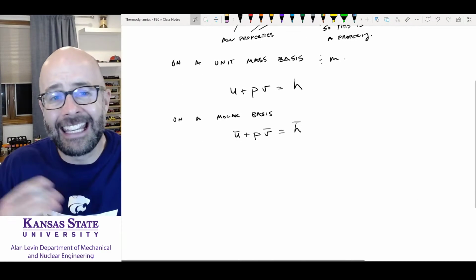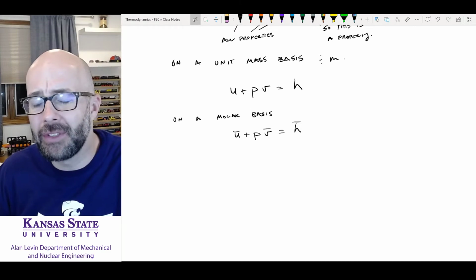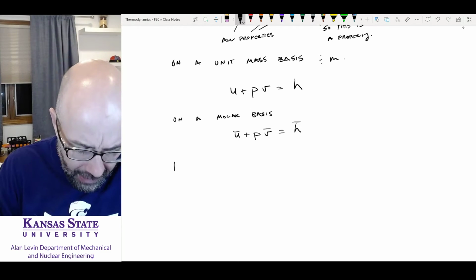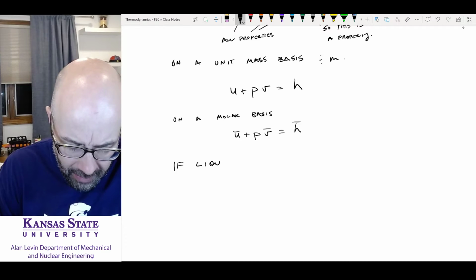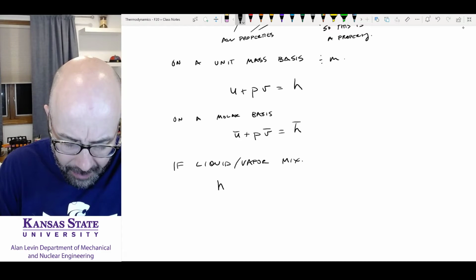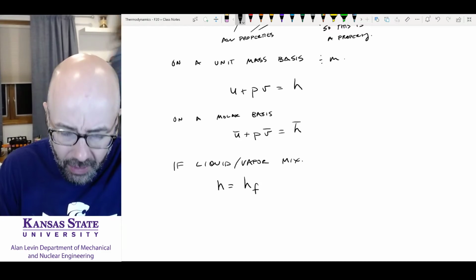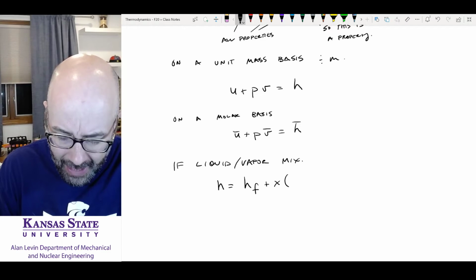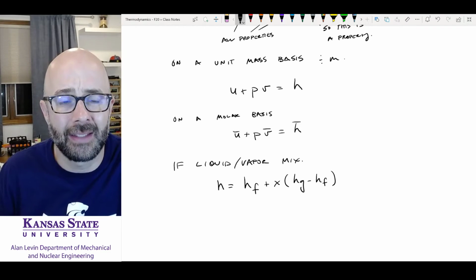And again, if we have some liquid vapor mixture, we can find the enthalpy is equal to the enthalpy of the saturated liquid plus X times Hg minus Hf. Okay, we know that is the case.